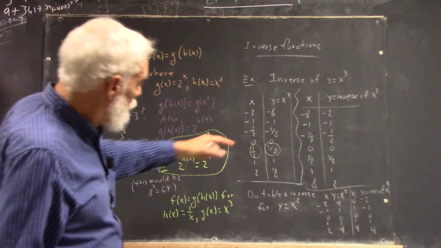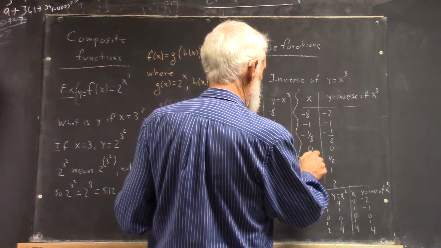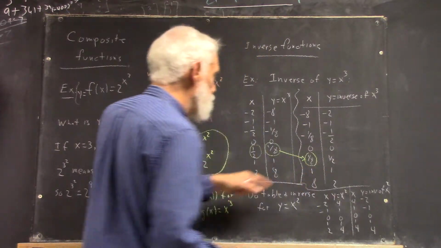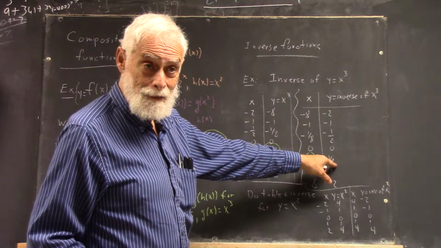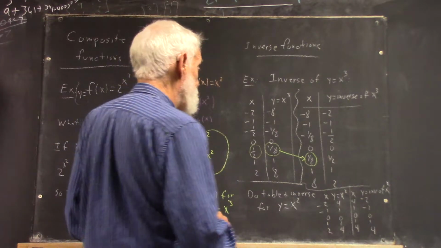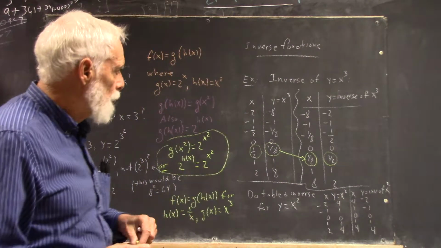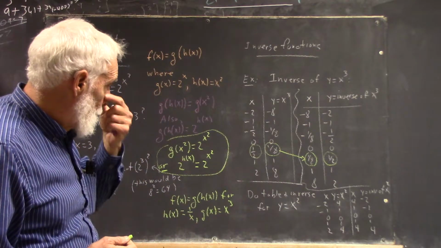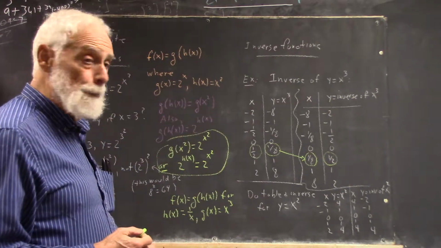Then we take 1/8 and we see where 1/8 is in this column, and what do we get over here? We get 1/2, right? Okay. Just want to see that pattern.